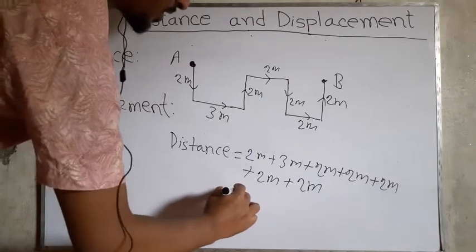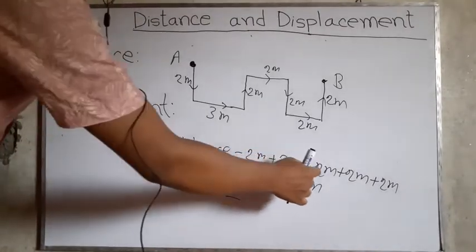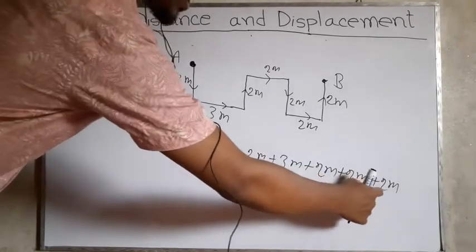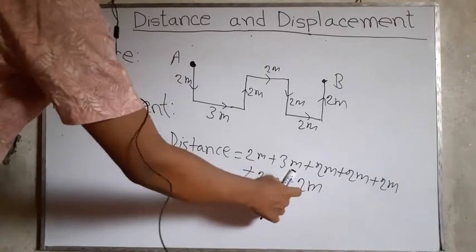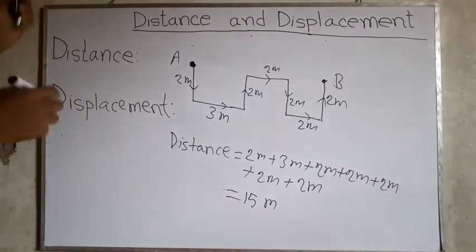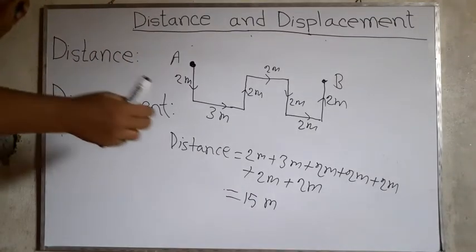Therefore, the distance will be 2, 3, 5, 5 to 7, 7 to 9, 9 to 11, 11 to 13, 13 to 15 meter. That is, your total distance will be 15 meter.